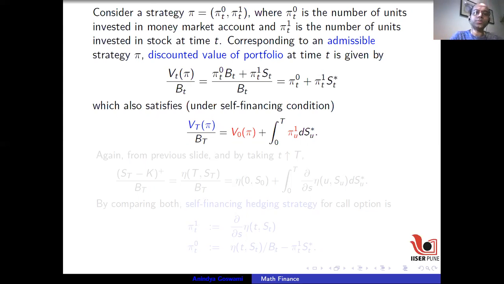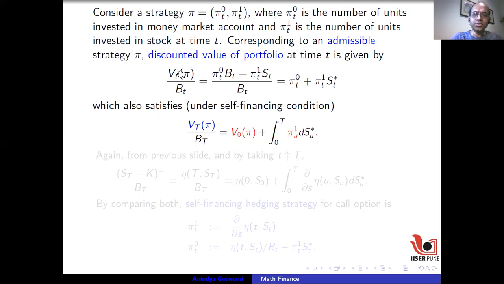So corresponding to an admissible strategy pi, I can construct a portfolio. The discounted value of the portfolio at time t is given by, so V t is the portfolio value.